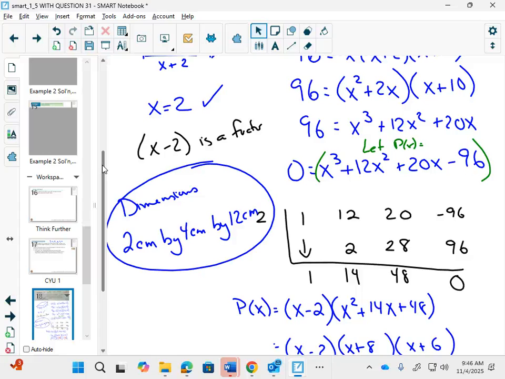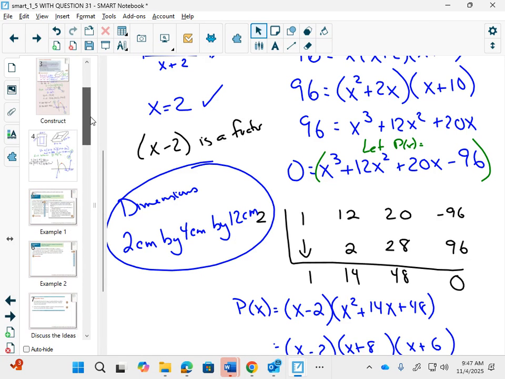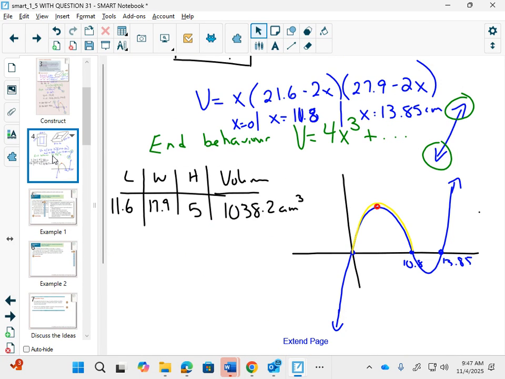Your test is going to be non-graphing calculator. You don't need a graphing calculator, but you would still be expected to do the setup. Without finding the answers, could you set up the equation?